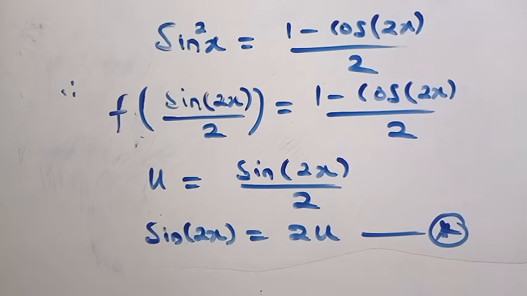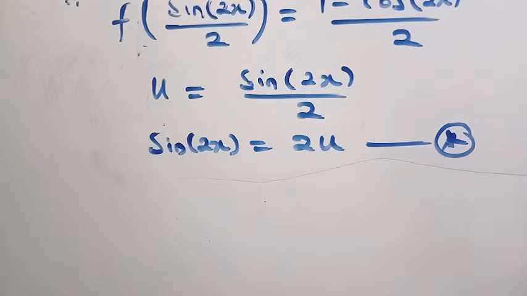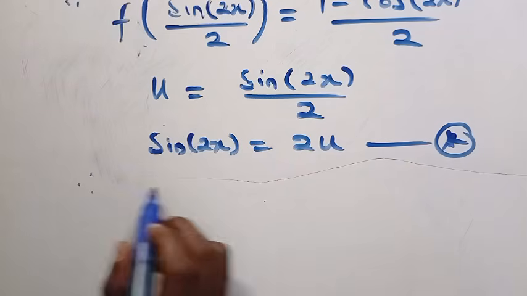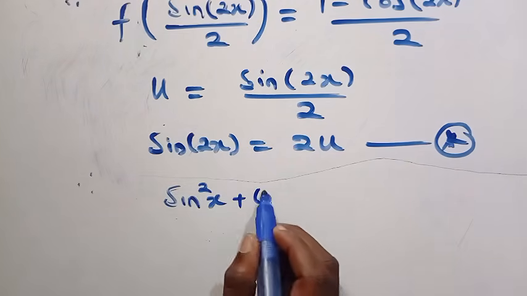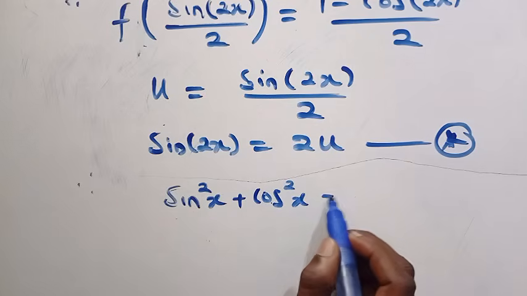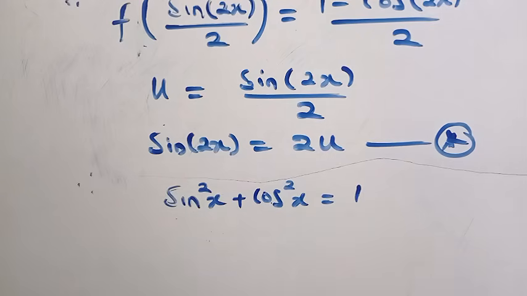So after we have gotten this, we want to express cos 2x in terms of u. Let's recall this famous identity: sine squared x plus cos squared x equals 1.